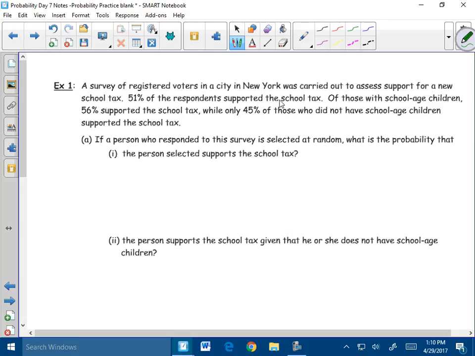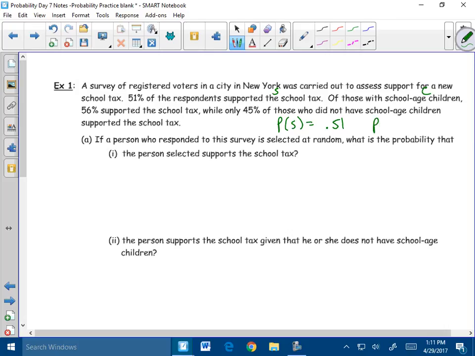So I want to try to write down what information they're giving me. I'm going to let S represent the probability that someone supported the school tax. So the probability that someone supports the school tax is 0.51. Then it says, of those with school-aged children, so I'm going to let C represent anybody that has children. Of those with school-aged children, 56% supported the school tax.